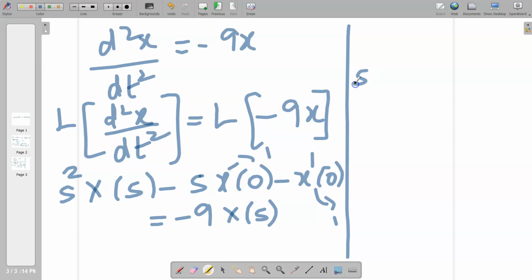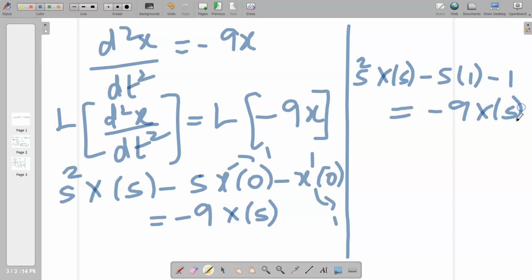So, s square X of s stays as it is, minus s times x of 0, which is 1, and minus x dash of 0, which is 1, equals minus 9 X of s. In the right hand side I do not have any initial conditions. Now take the terms with X of s to the left hand side and the other values to the right hand side.